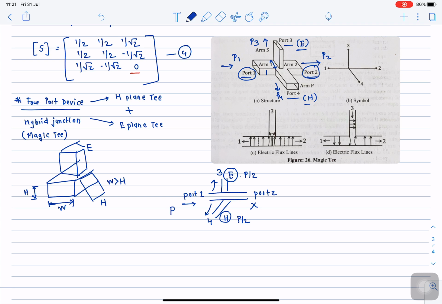The signal into the arm will get split equally between the collinear ports, and the output through them will be in phase when the collinear port arms are the same.